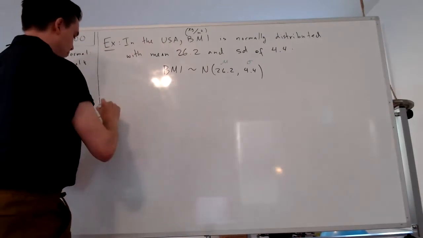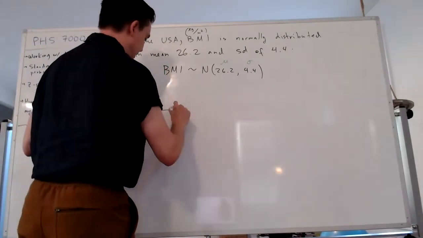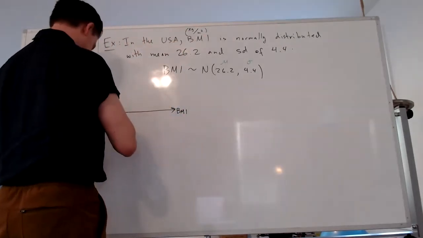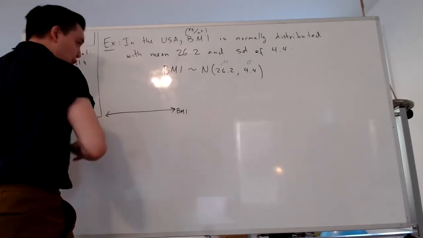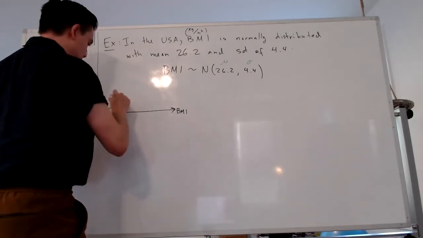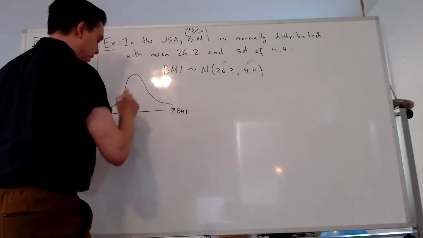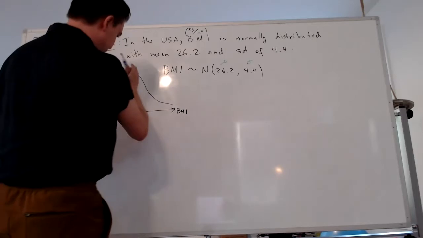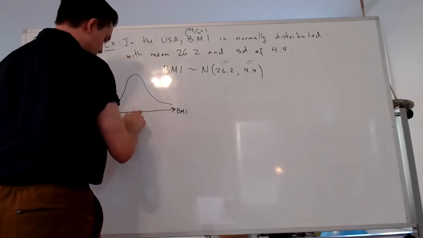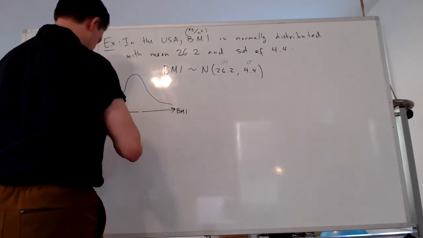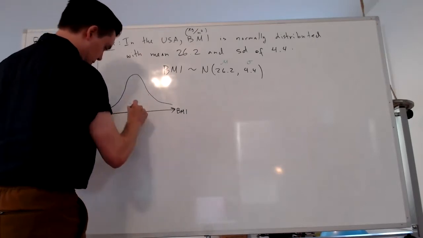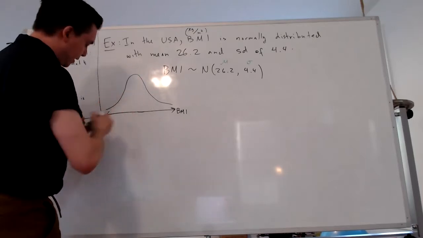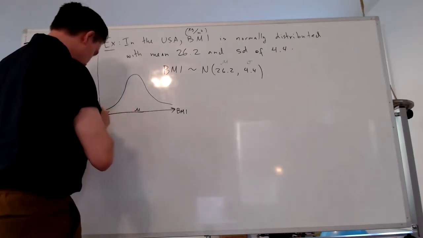So I can make a little graph here. Here is my BMI. This has units. Here is my normal curve, and I already told you this has a known equation. I will not rewrite it. Right in the middle here, I have my mean mu.